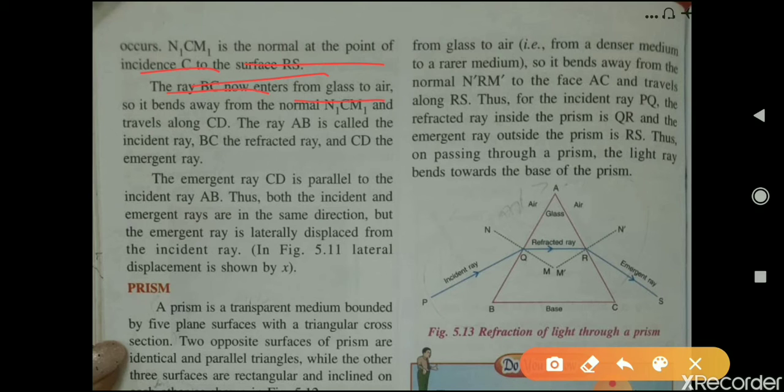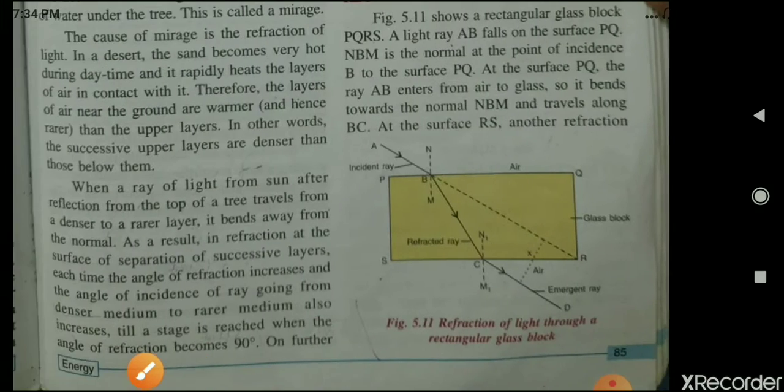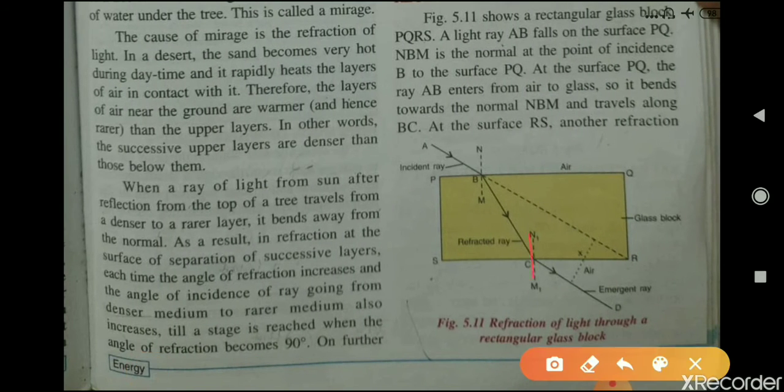So it bends away from the normal N1CM1 and travels along CD. As you can see in this picture, this ray moves away from the normal because now it travels from a denser to a rarer medium, from glass to air. Therefore, it bends away from the normal.